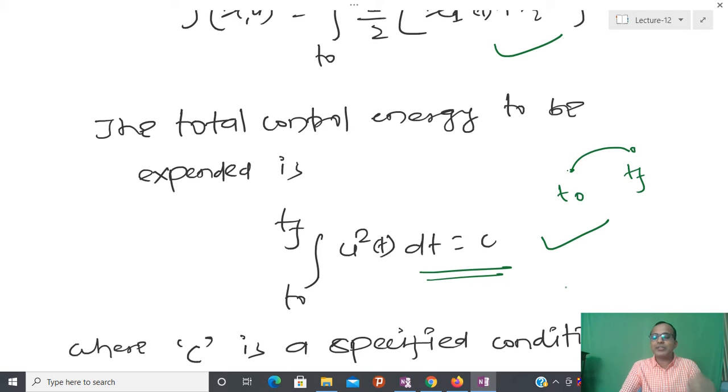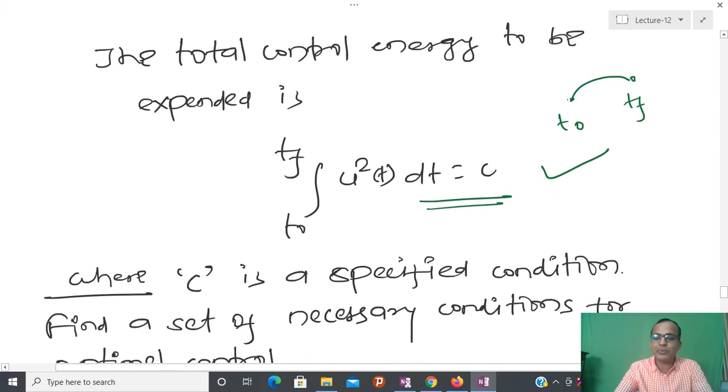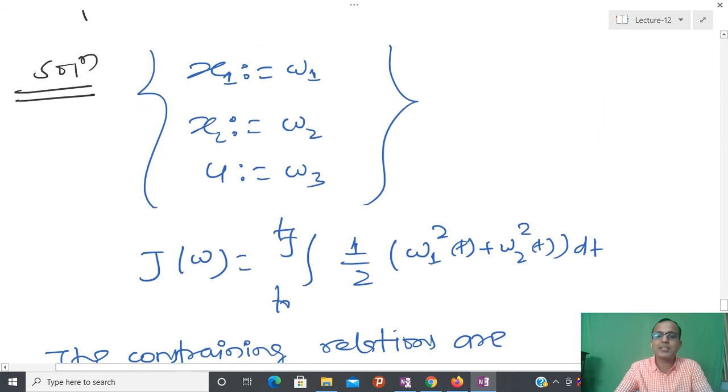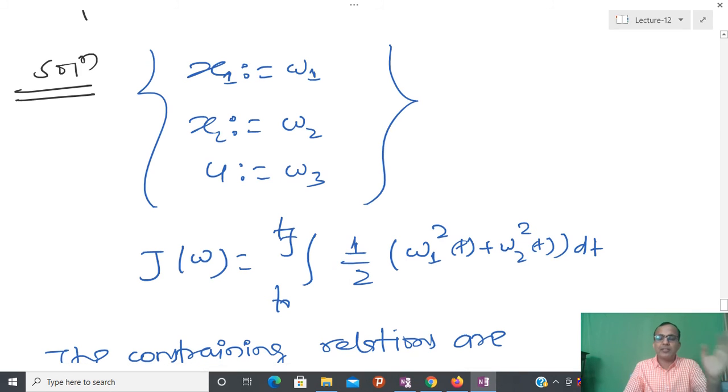So let us try to see how to extend the theory, because individually I know how to apply it. The idea is again pretty simple. First you formulate the problem the way we have done in the previous class and today's lecture. I assume one state variable x1 as w1, x2 as w2, u as w3.